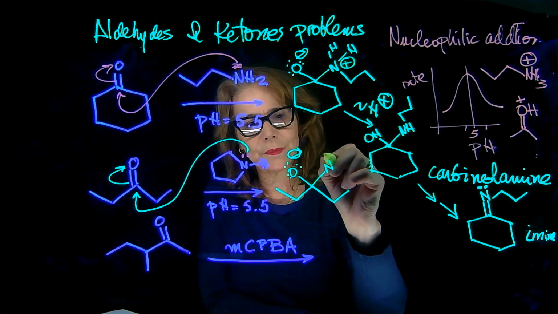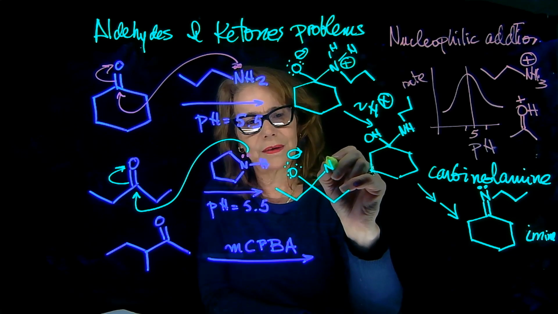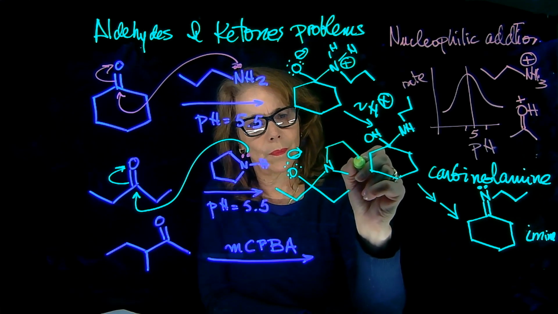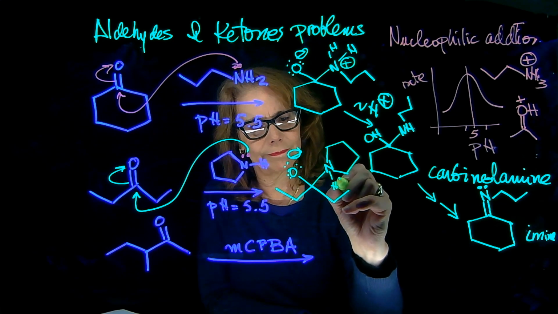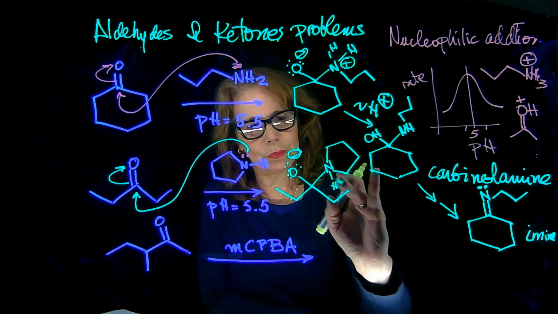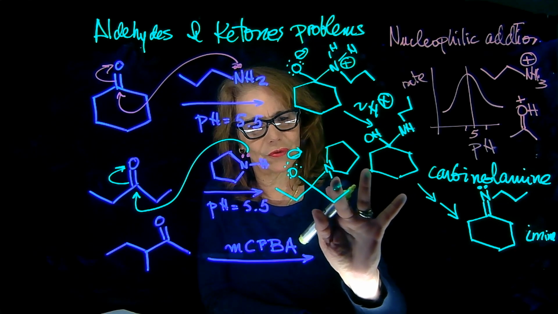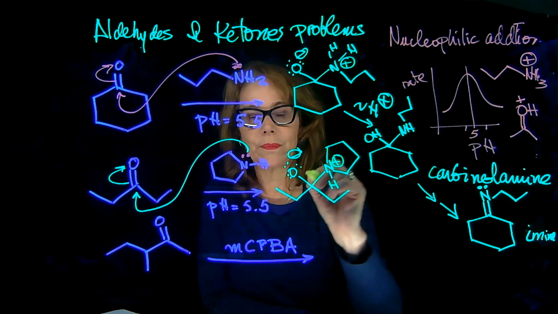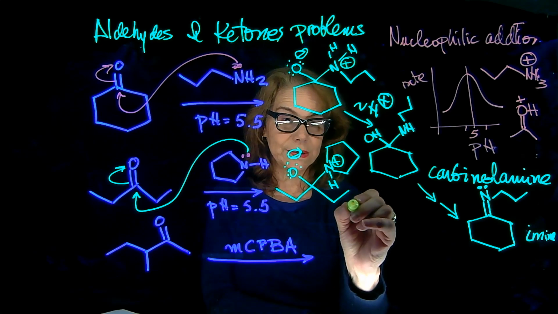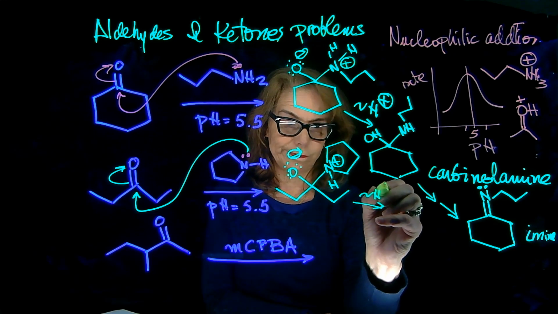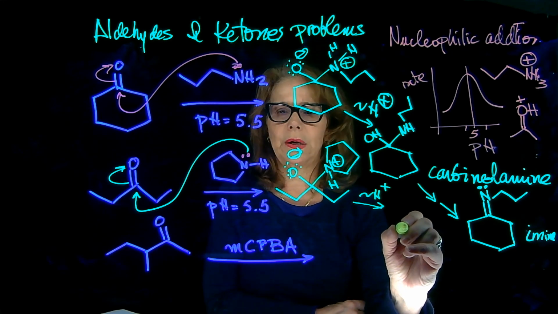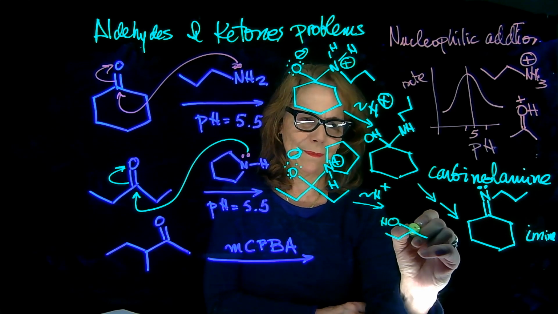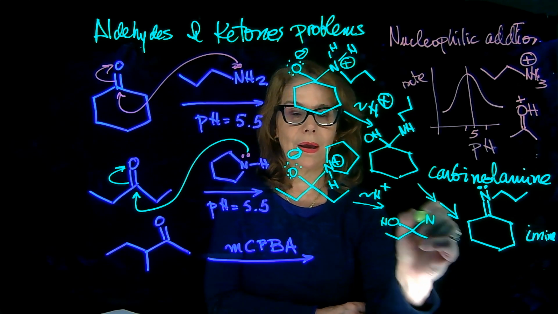So now I'm going to have a 5-membered ring, and the plus is not there. It's just an H. Okay. And I need several proton transfer steps. The final carbinolamine will have OH.